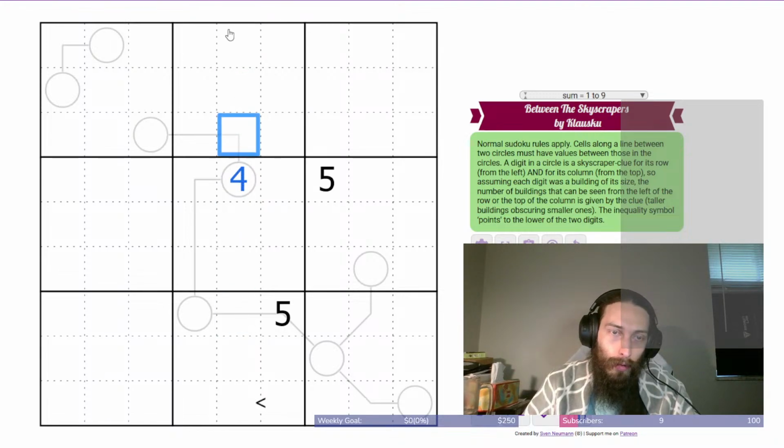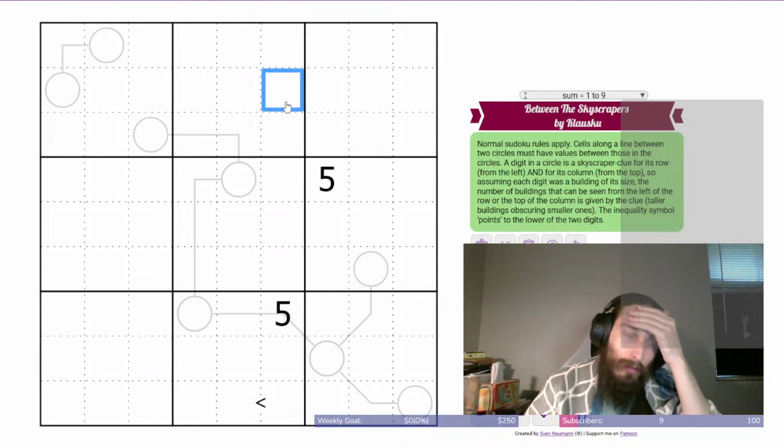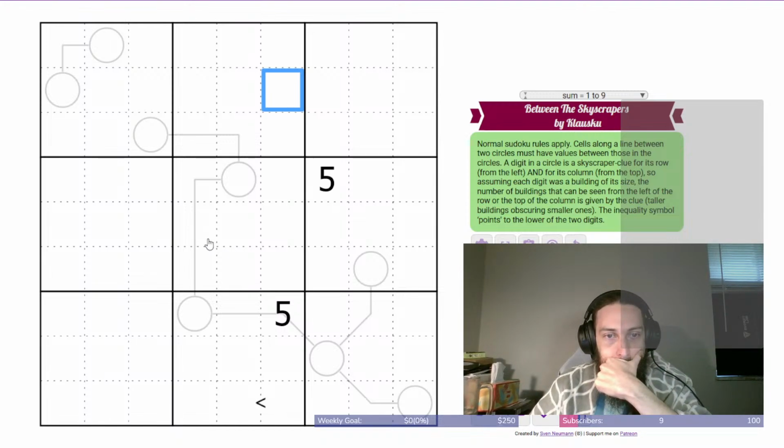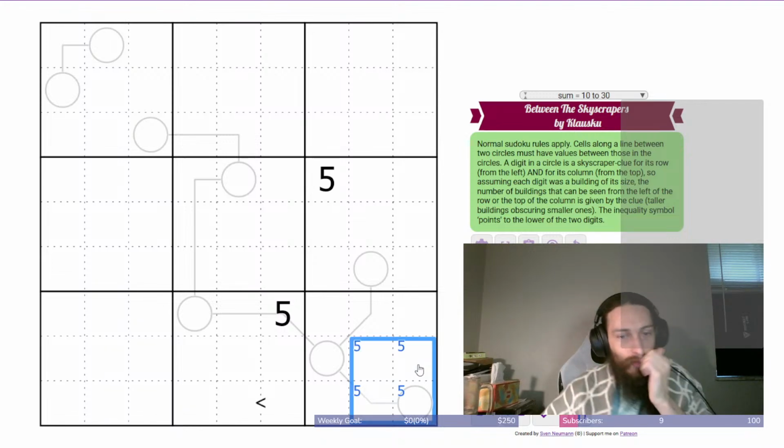So whether it's 4 from the top and 4 from the left, or 4 going right and down, that is the thing I am unsure about. I'm not even really certain where to start. We just know that 5 ends up in here.